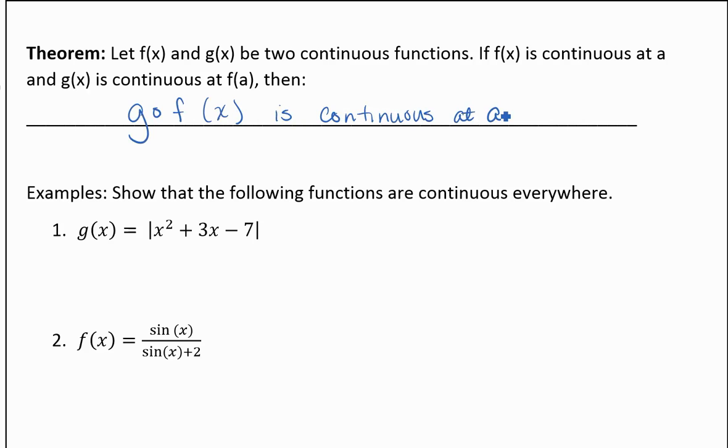Now, what this means is if we know two functions are continuous everywhere from negative infinity to infinity, then we would know that their composition would have to be continuous everywhere.